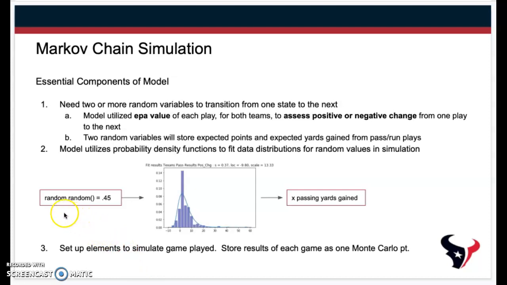One visual of this would be if we use the Python function random.random, which returns a random number between 0 and 1, which would represent a probability, you can use the inverse CDF to then pull out a correlating x value, and let's say we're looking at passing yards, then it's going to give me a passing yards based on the function model, which is based on the historical data that we're observing and we stored in that particular random variable.